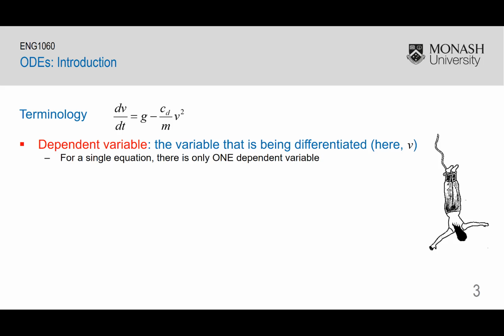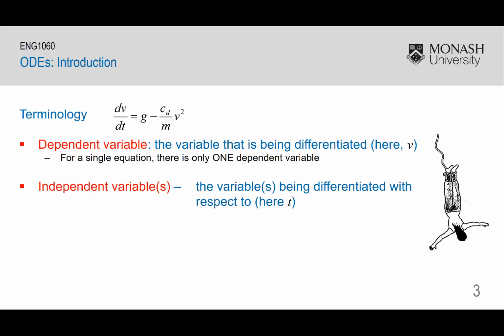For a single equation, there is only one dependent variable. It's called the dependent variable because it depends on the other variable. So the velocity here depends on time. Therefore, we call the independent variable the variable, or perhaps variables, that are being differentiated with respect to. In the equation up here, the independent variable is t, or time.